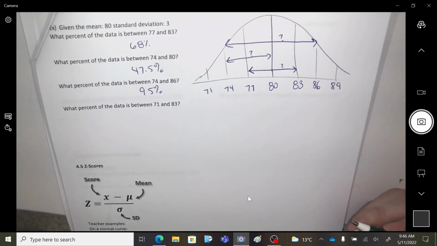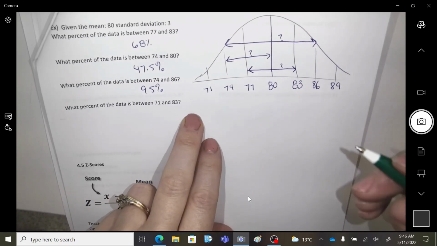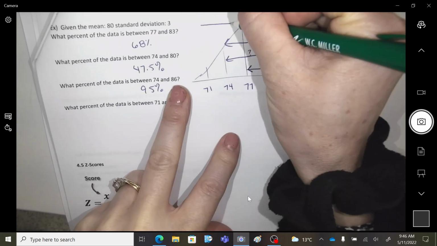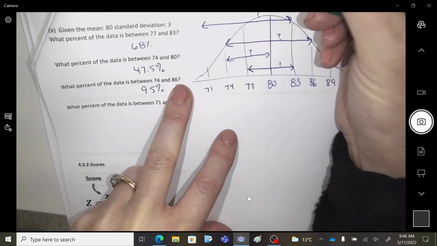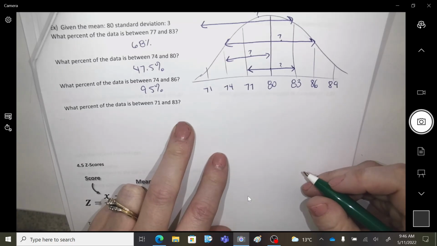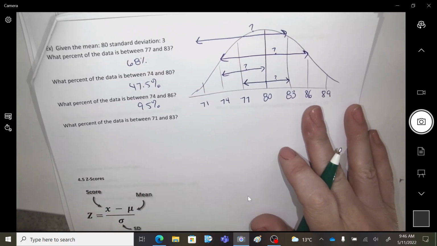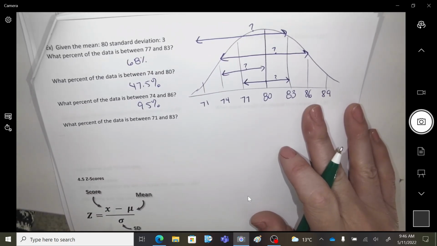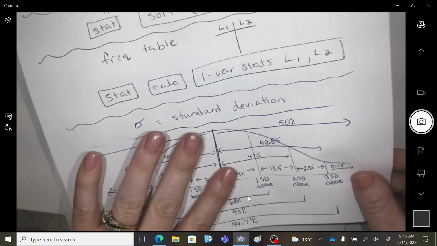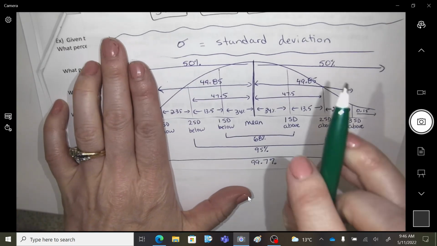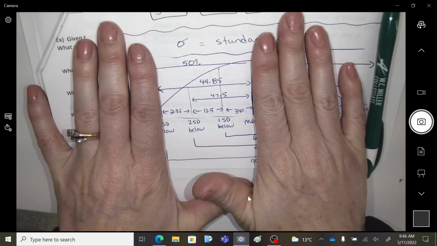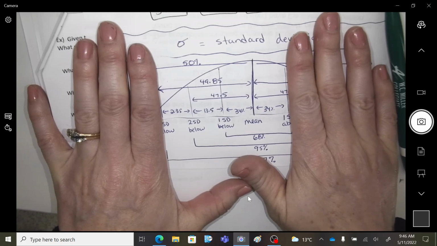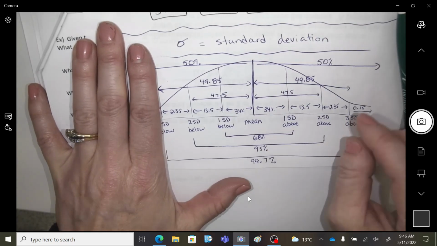What percent of the data is between 71 and 83? So that's the last question. This one, you probably won't see just a number. So I'm going to go this, which is the 49.85, plus that, which is the 34.